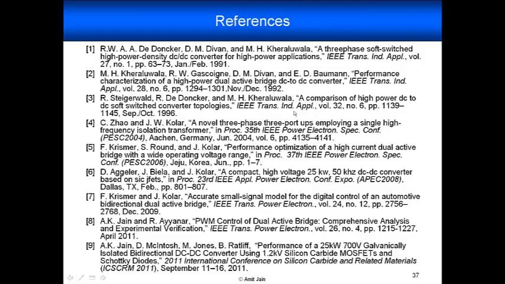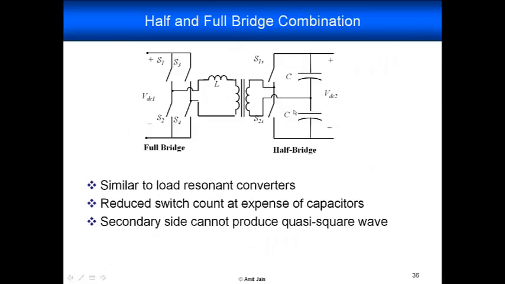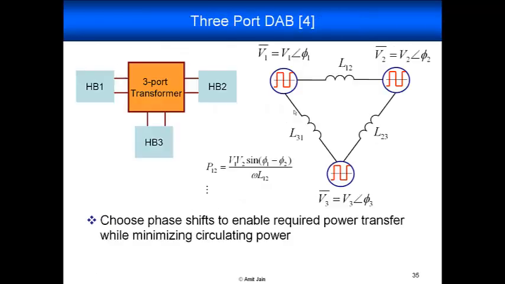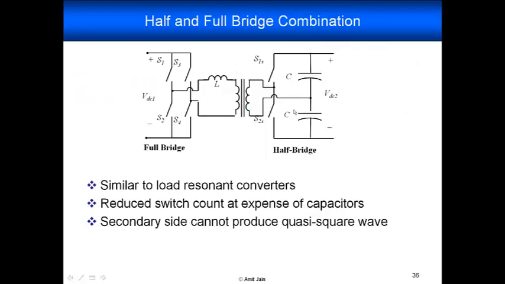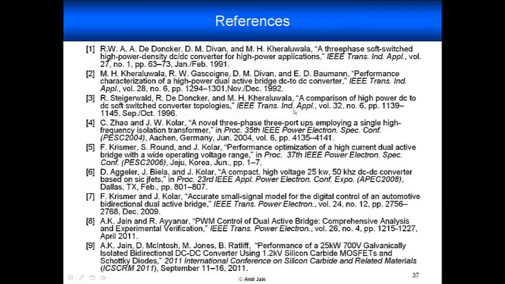And that is the end of this lecture. So we looked at PWM control in quite some detail, and I briefly indicated different topology variations for the dual active bridge converter. There is a list of references I've provided. Some of them talk about the initial development of the converter.